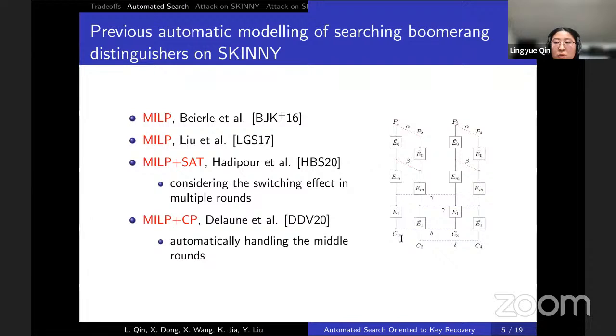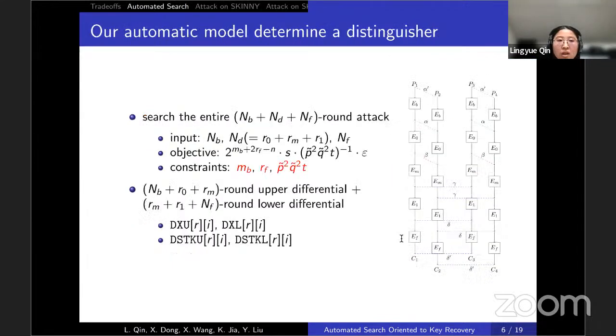There have been several works discussing the automatic searching model of Skinny. Our new model is mainly based on the latest 2 works by Hadipour et al. and Dalloni et al. We present an extended model to search for the entire NB plus ND plus NF rounds of an attack. Our target is to maximize the total attacked rounds.